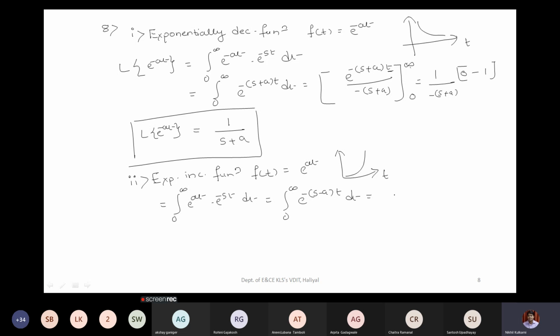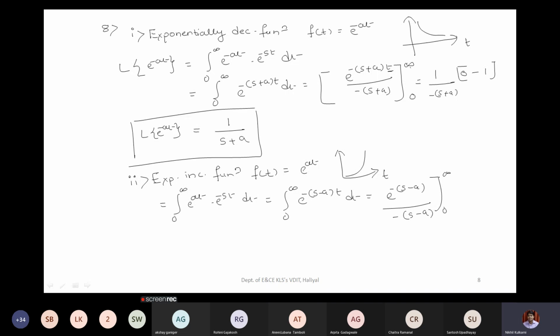Now, as usual, if you perform the integration, you are going to get e to the power minus (s minus a) t divided by minus (s minus a), with the limits from 0 to infinity.